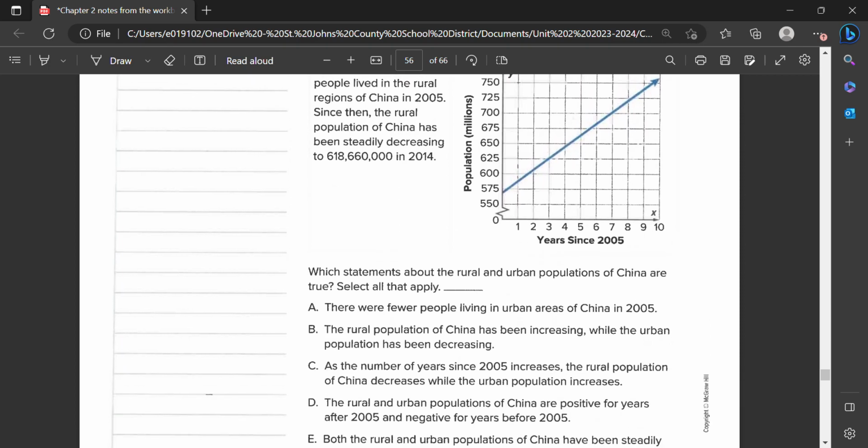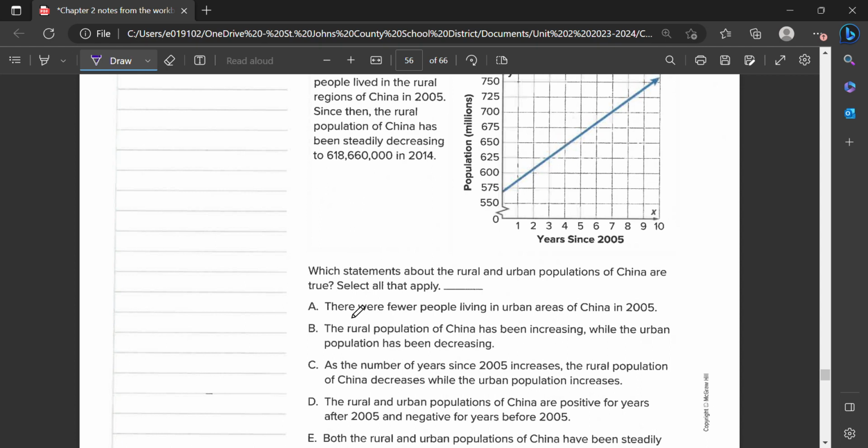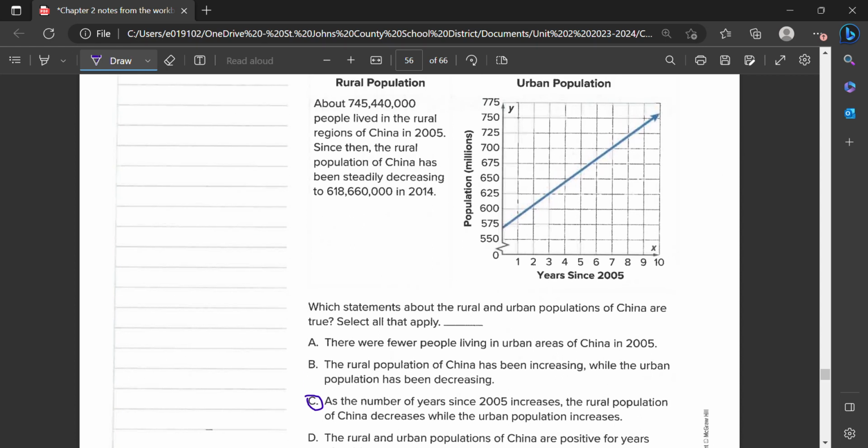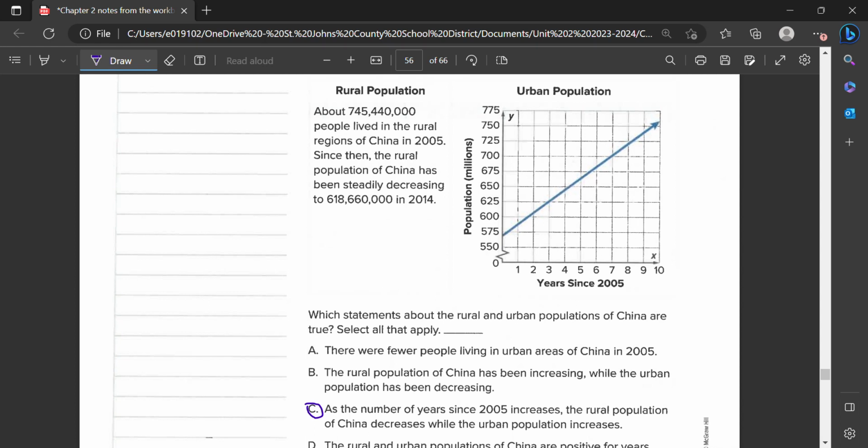I would agree with C, because if we look here, the rural population started at 745 million. Now it's down to 618 million. That's a massive drop in the rural area. Whereas if you look at the urban, it's steadily increasing. Now it is past 750 million people in the urban population.